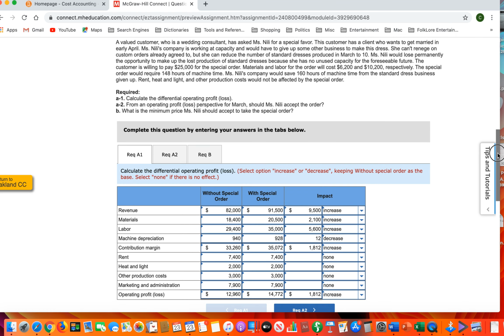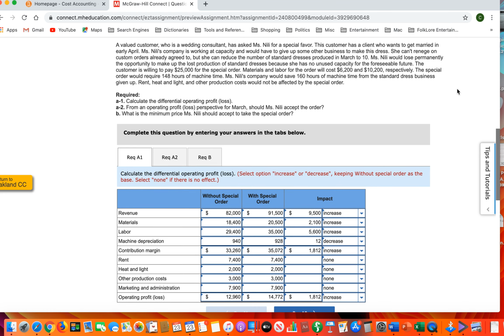And that's what you see here. And so question C is, what is the minimum price she would pay or should accept? What do you think it would be? What's the minimum?